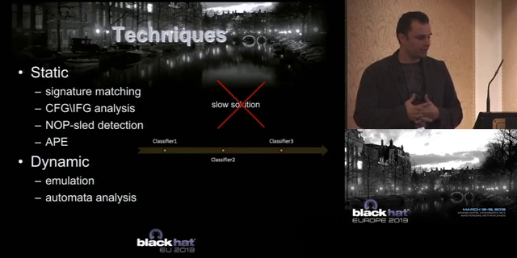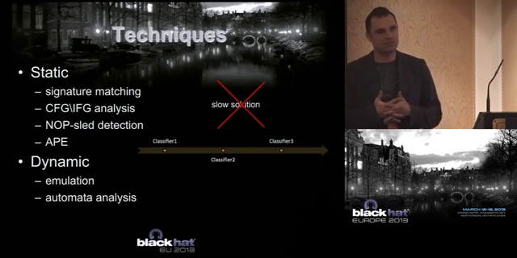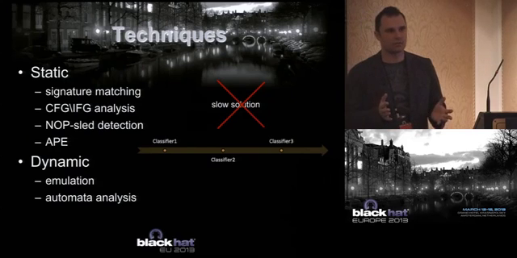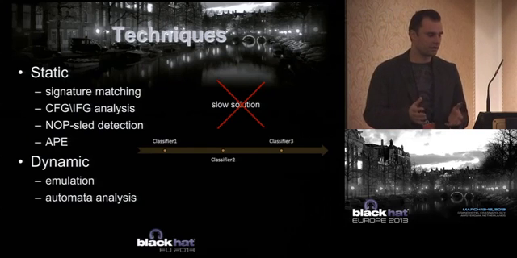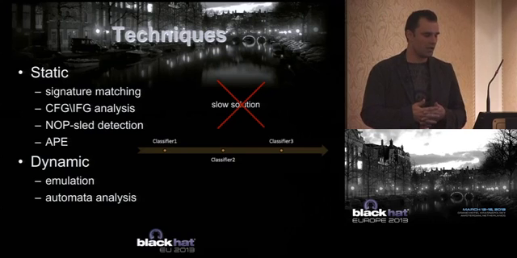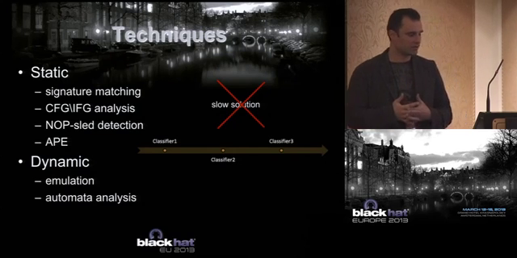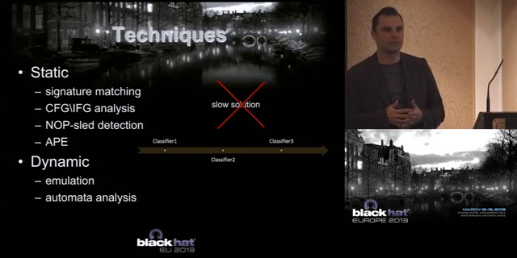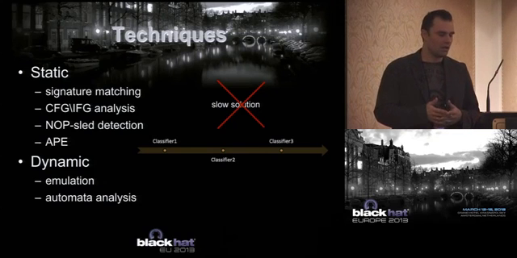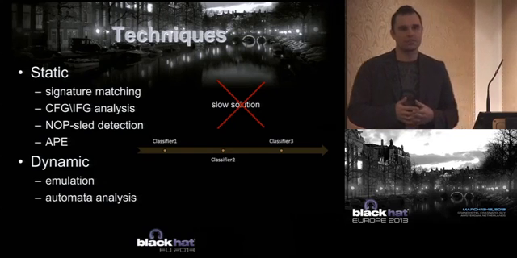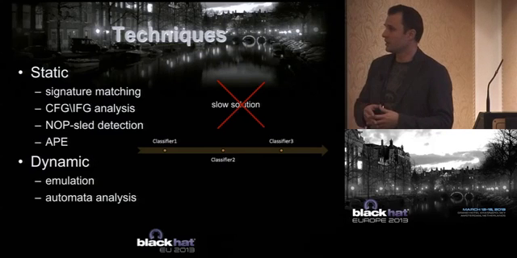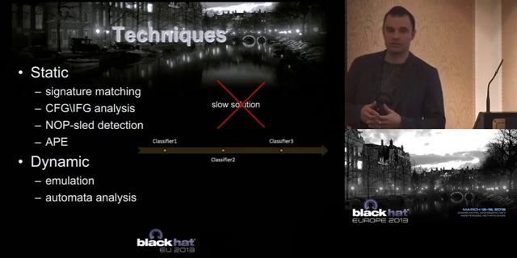In the field of shellcode detection, we may meet signature matching, as is quite ordinary for antivirus and IDS systems. We may meet methods like control flow graph or instruction flow graph analysis. There were specific methods aiming at NOP sled detection, for example.